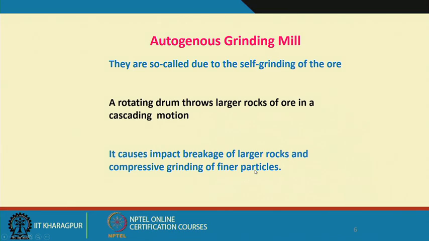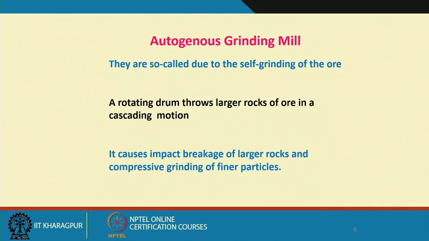When the larger rock falls into the toe, because of impact it gets broken into relatively finer sizes, and with repeated action the larger rocks ultimately go out of the system as a finer product.